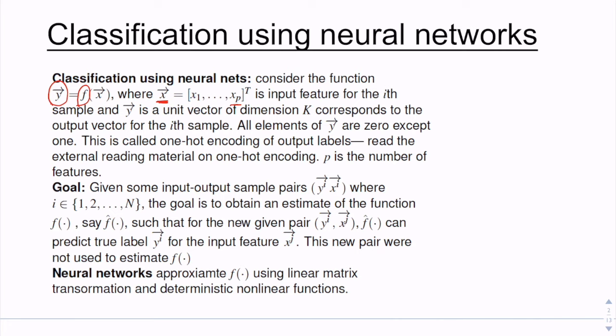This vector, however, has a particular structure, and this vector is a unit vector. We previously defined what a unit vector is. A unit vector is a vector in which all elements are 0 except one. So y is basically of the general form 0, 0, and somewhere there's a 1, and then 0, 0. All the other elements are 0.